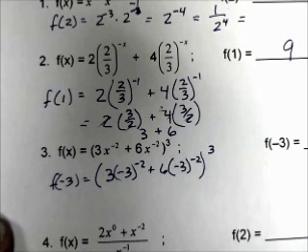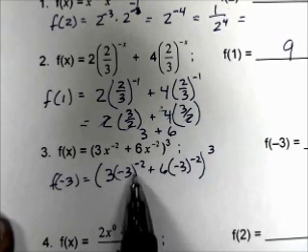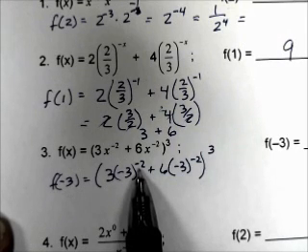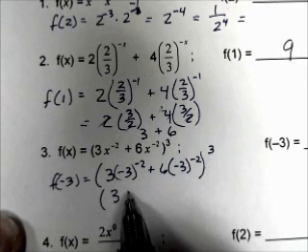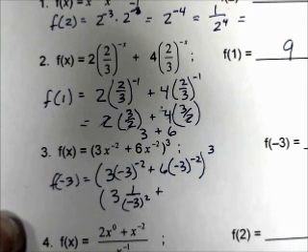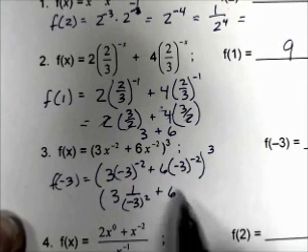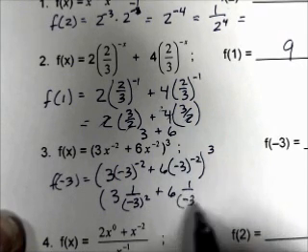Well, let's work inside parentheses here. Taking care of the negative exponent, we would write this as 1 over negative 3 to the positive 2. Same thing here. This would be 1 over negative 3 to the positive 2.